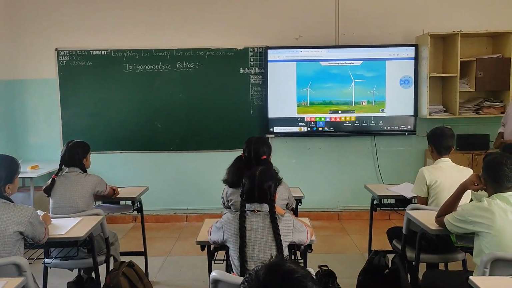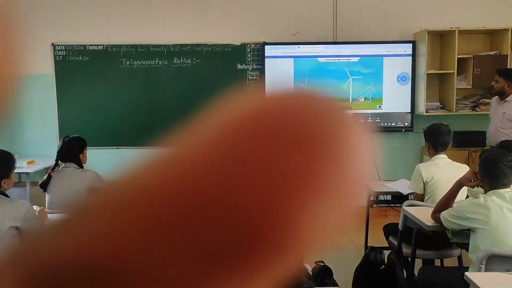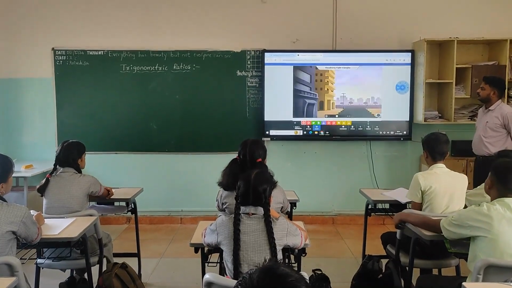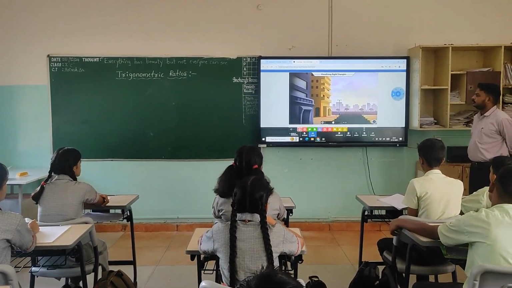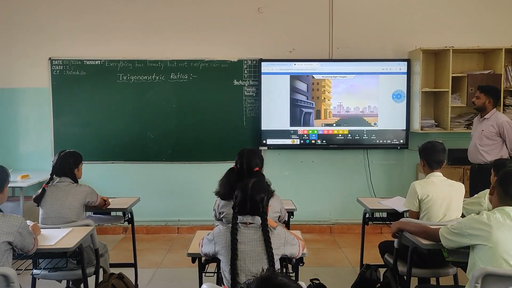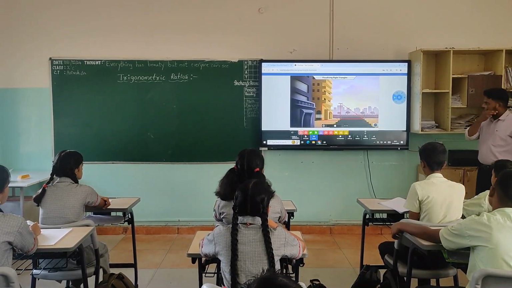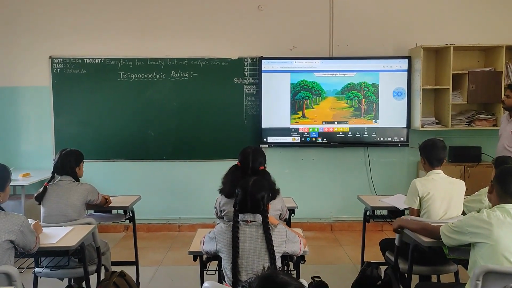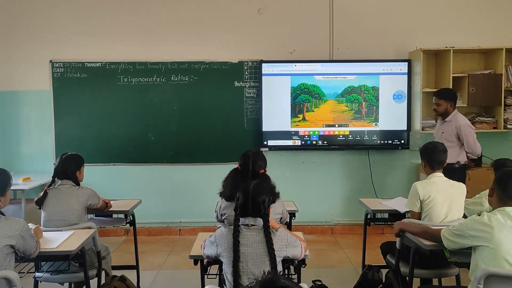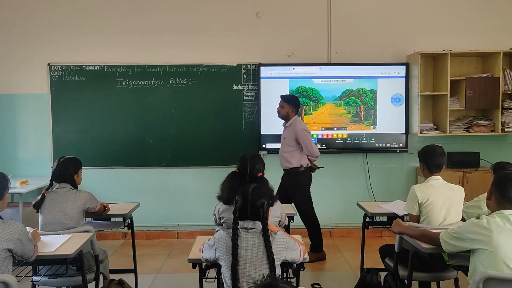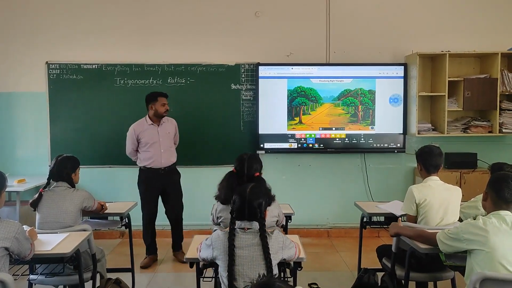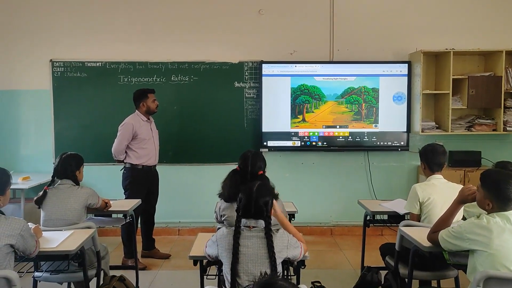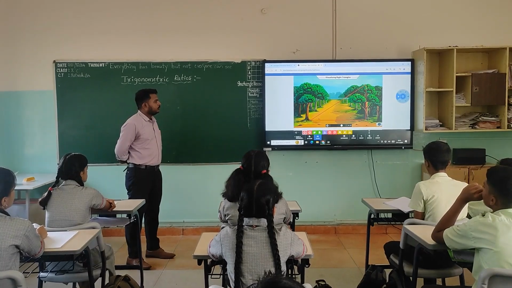Here are some more examples of right triangles in everyday life. Now, visualize a right triangle in this figure. By applying suitable mathematical techniques, we can easily find the height of the trees or the distance between these trees.